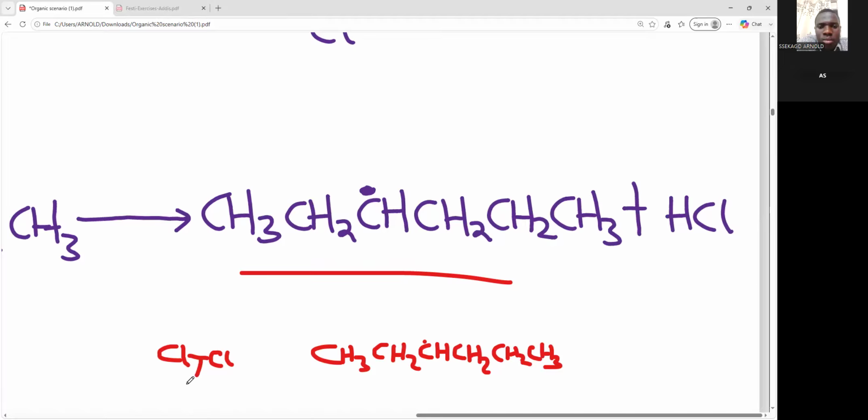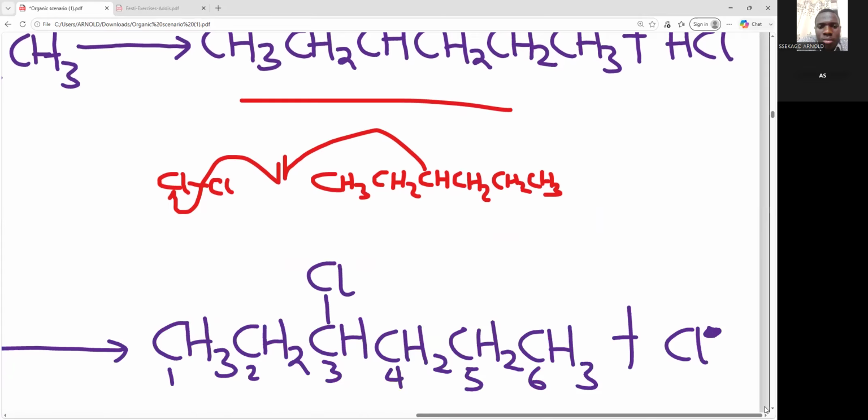So chlorine takes the electron contributed. This also does the same, however, it brings its one electron so that it joins with that electron of the radical. Therefore, we form our 3-chlorohexane.